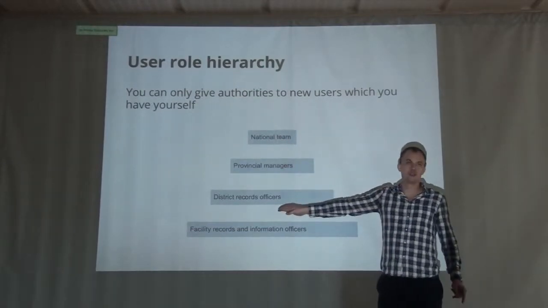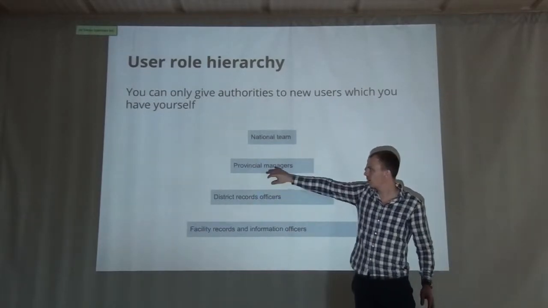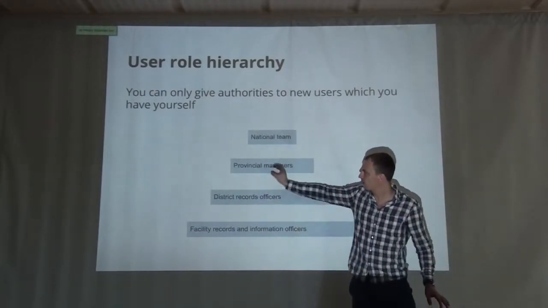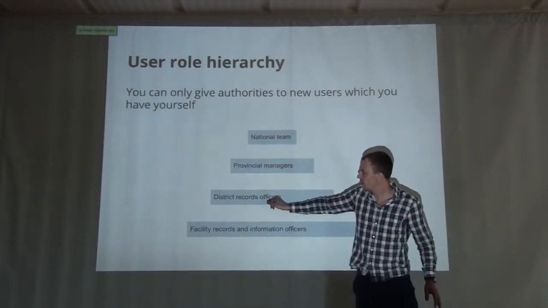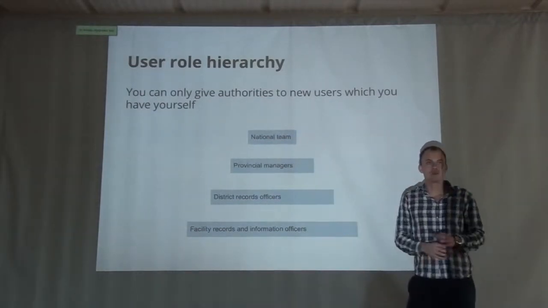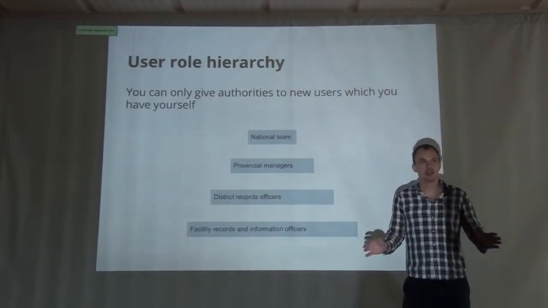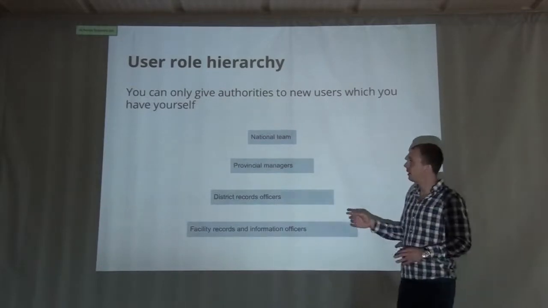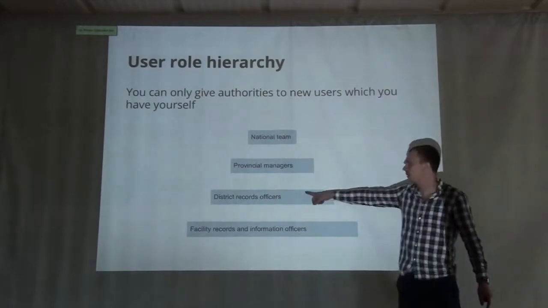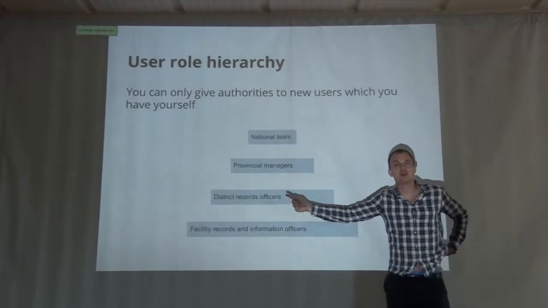You get the point? That's the way it works. So if you do it like that properly in a virtual hierarchy, then if you allow this user to create new users, he can only give user roles that he has himself.